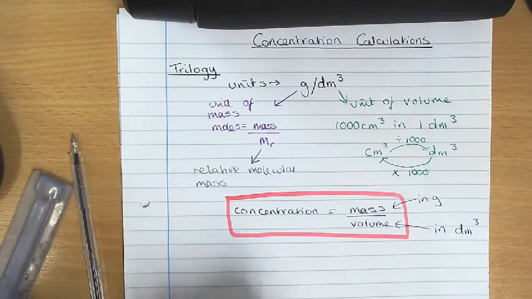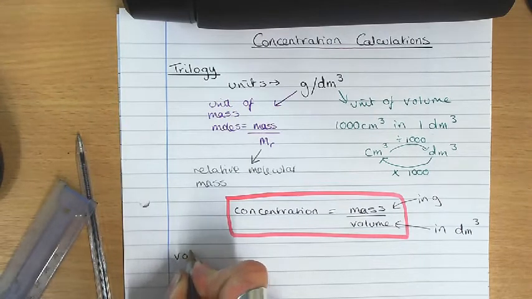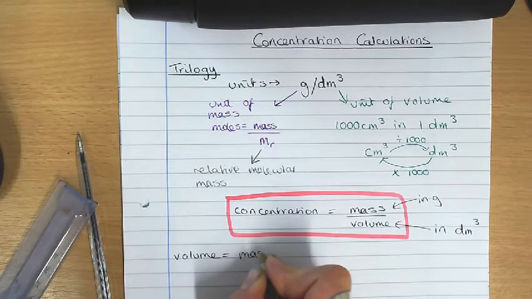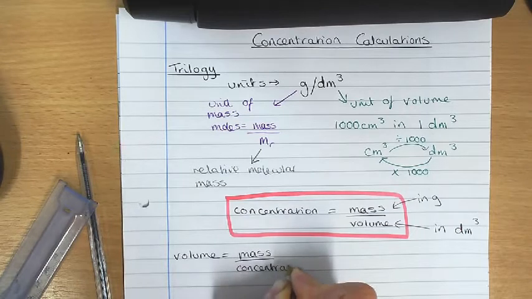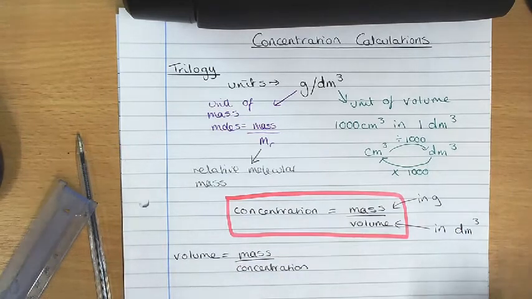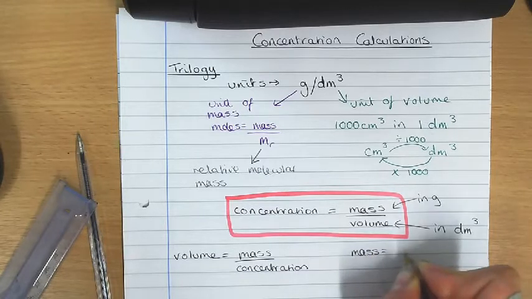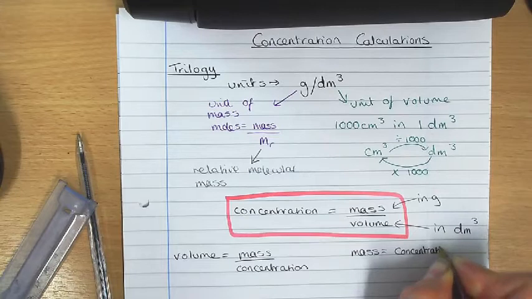You need to be able to rearrange that equation. If you make volume the subject, it's equal to mass divided by concentration. And if you have to do mass calculations, it's equal to concentration times volume.